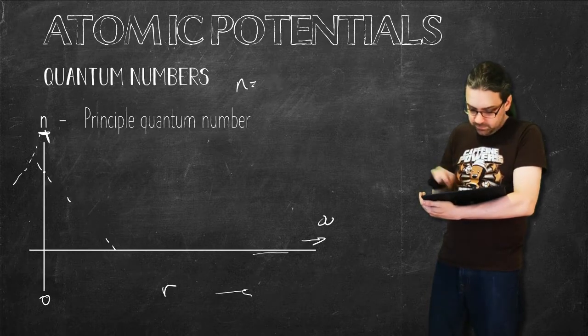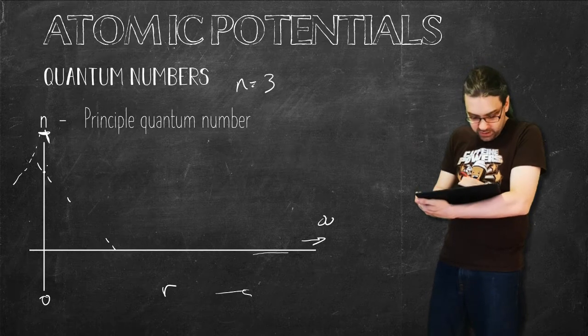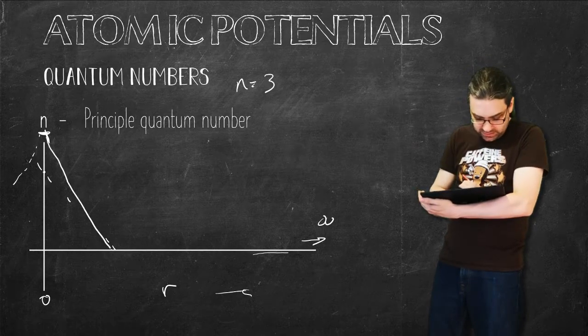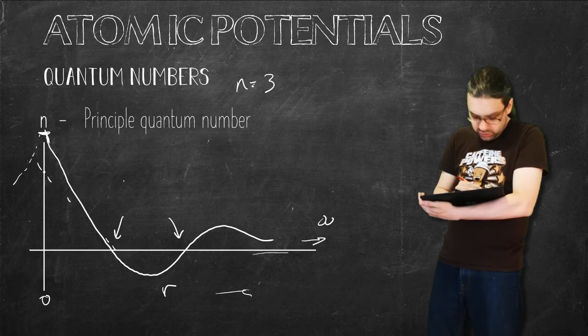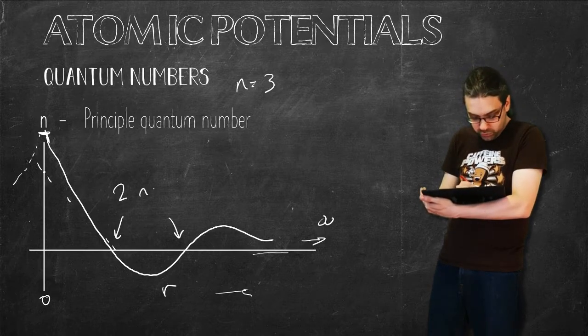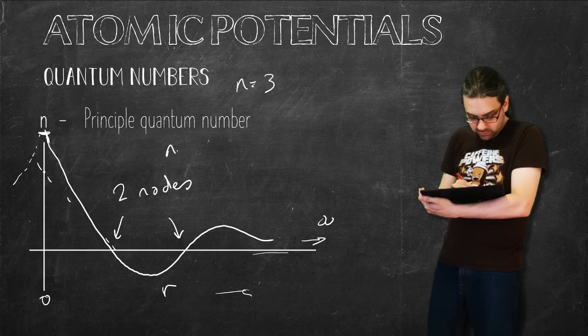And if we do 3, we get kind of the same thing. It comes down, crosses again, and down. Here we have 2 points where it crosses the x-axis, or 2 nodes. So n minus 1 nodes at any point.